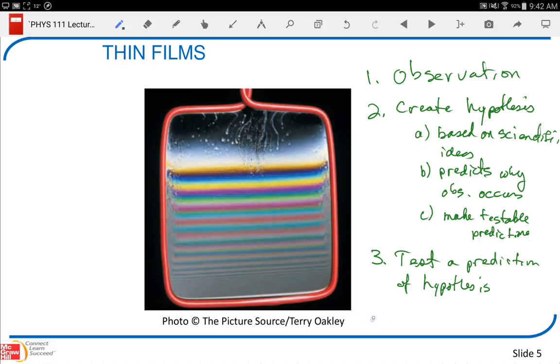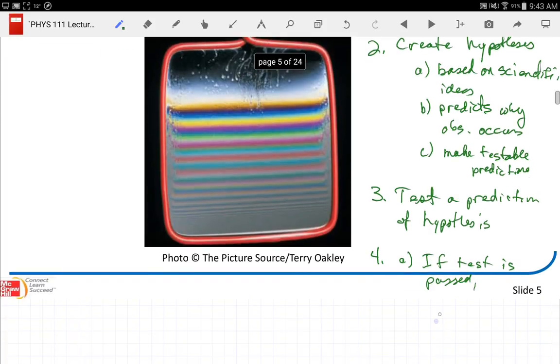And then what's the final piece of the pie? Okay, so if the test is passed, then you go back to number 3. You test a new prediction or test the prediction a different way. What if it fails? If it fails, then back to number 2.